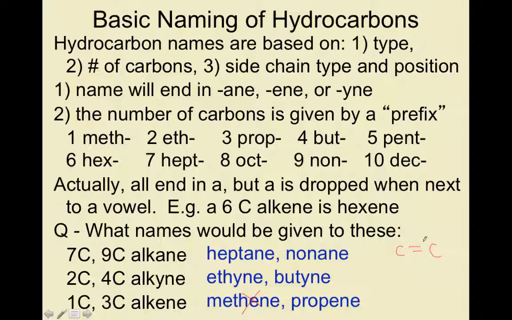The only 1-carbon substance we can have is an alkane, which would be methane. And that would look like this. 1 carbon surrounded by hydrogens. Methane. There is no such thing as a methene or a methyne. And that's why that's crossed off.